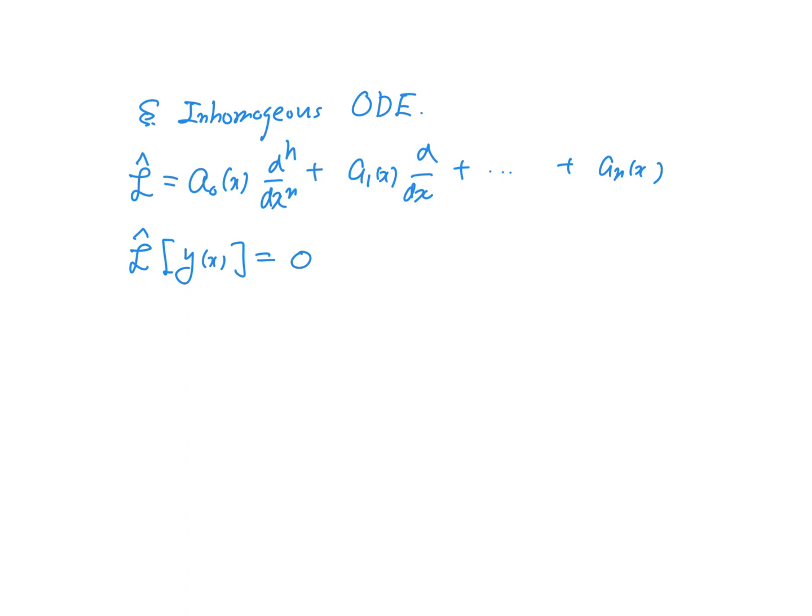The first step is finding the homogeneous solution, y_h(x). If the differential operator applied on y_h(x) is 0, then it is called the homogeneous solution.